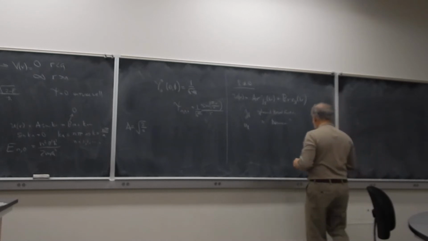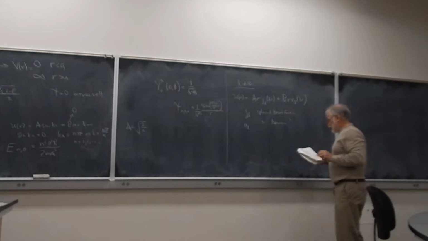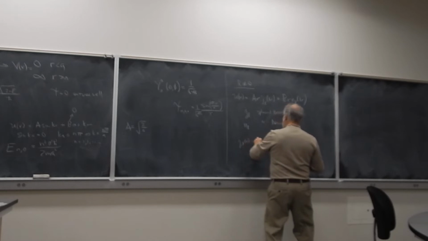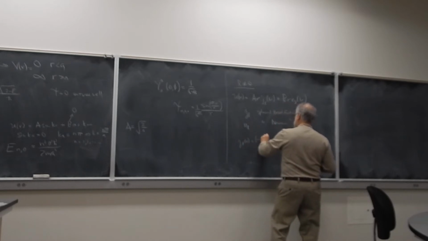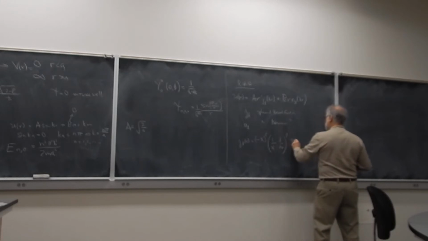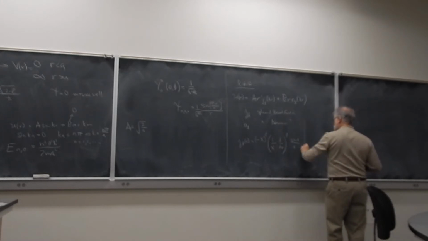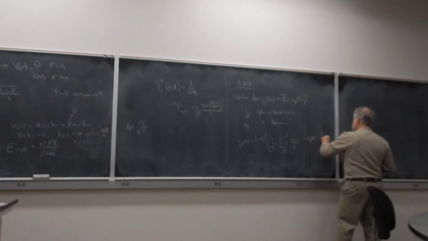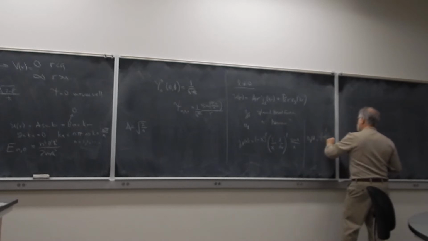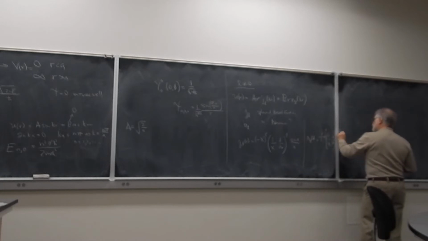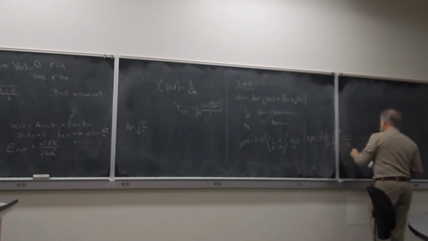Each of them are of order L. And I can write them J sub L of x is equal to minus x to the L, 1 over x d dx to the Lth power sine x over x. N sub L of x is equal to minus x to the L, 1 over x d dx to the L cosine x over x.